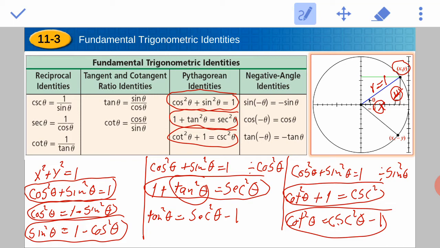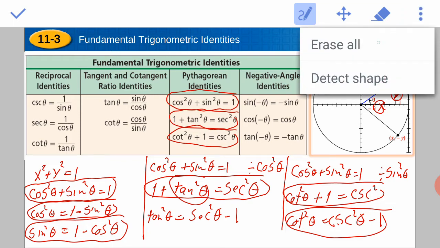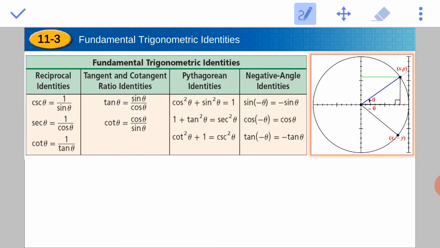The last group in this table, guys, it's the negative angle identities. Let me free some space in order to explain how did we get the angle identities. The first negative angle identity says sine of the angle negative theta is equal to negative sine of angle theta, the opposite of the sine of angle theta.